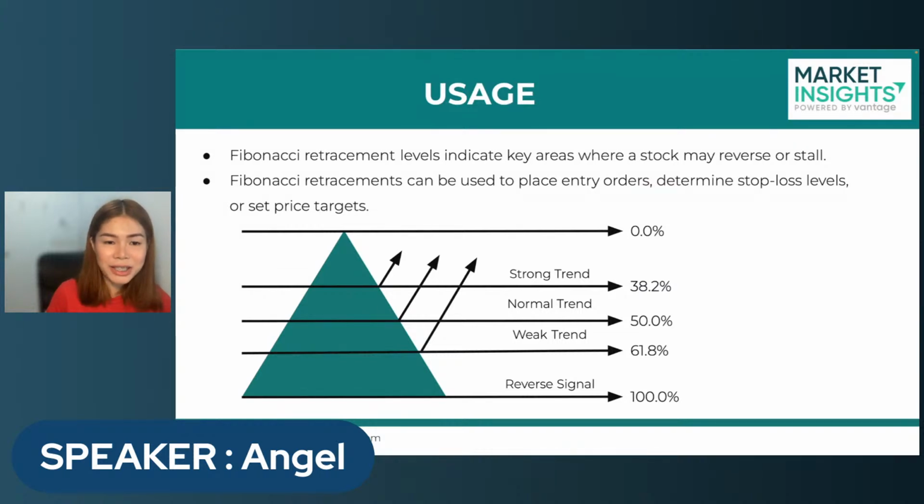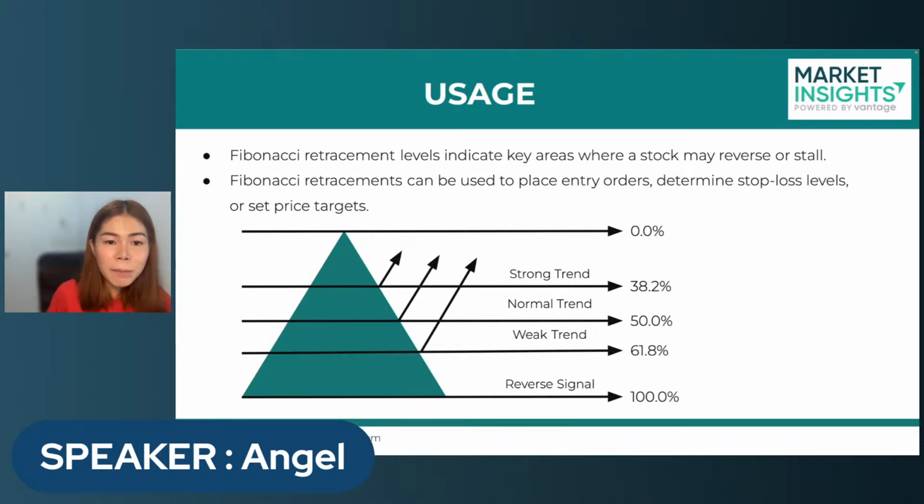If this is your Fibonacci level and the price crosses below 100, that means the trend has completely reversed. If it goes up and then goes down all the way to 61.8, then the trend has been weak.